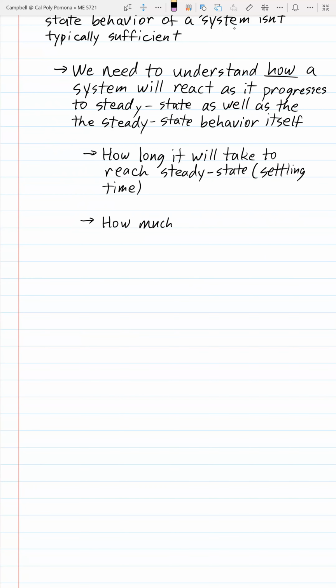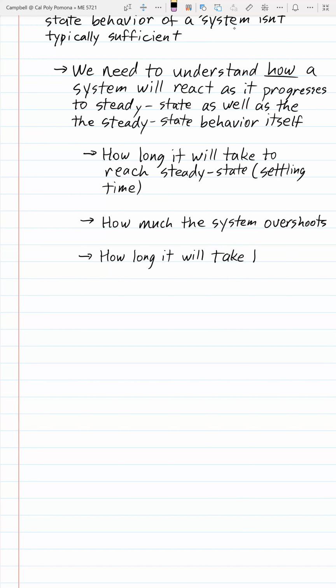So how much the system overshoots, and how long it will take the system to respond.